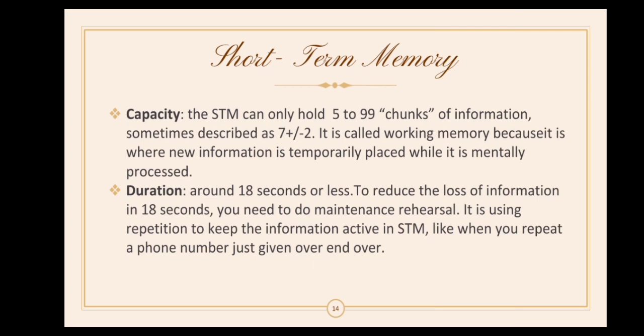Information is maintained in working memory through maintenance or elaborative rehearsal. When you say maintenance, it refers to repetition. When you say elaboration, it refers to the organization of information. The processing that occurs in working memory is affected by a number of factors.